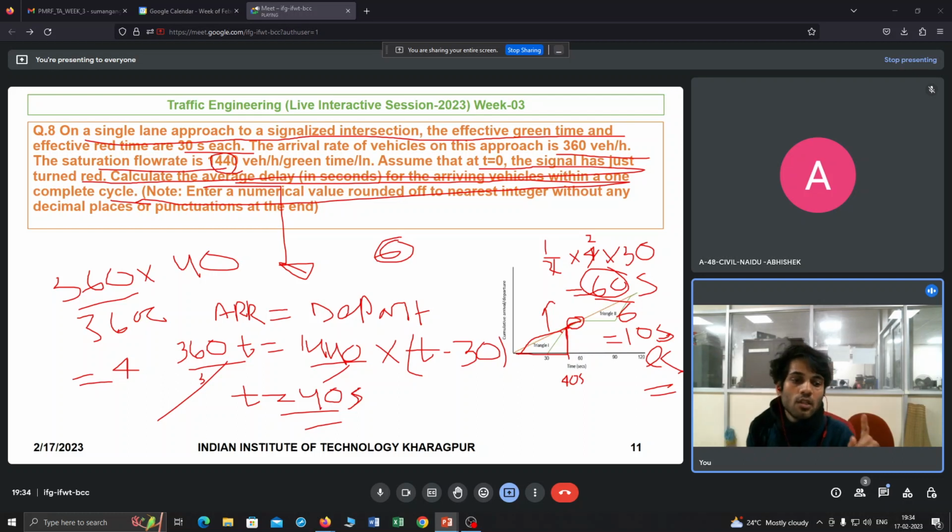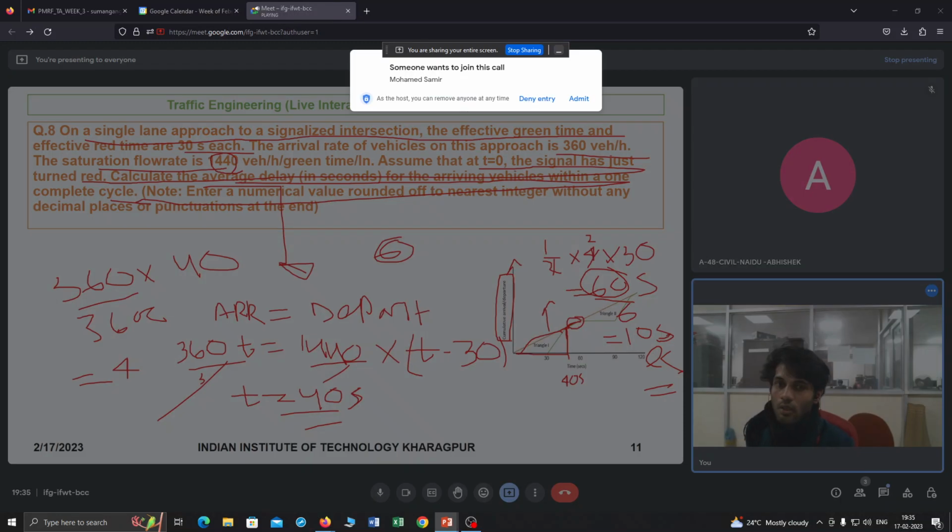60 seconds is the cumulative delay. If you see, the curve is a cumulative arrival or departure curve. Cumulative means at one instance one vehicle came, at the second instance one vehicle came, so it just adds up, 1 2 3 4 5, like a cumulative distribution function curve, right?